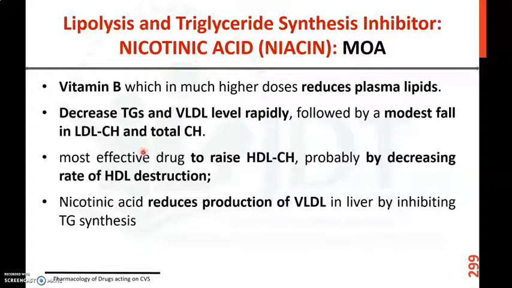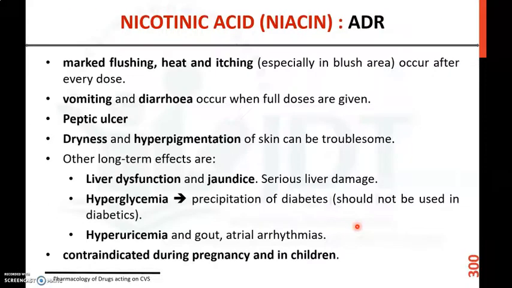And nicotinic acid is the most effective drug to raise the HDL cholesterol, and probably this rise in HDL is by decreasing the rate of HDL destruction. And nicotinic acid will reduce the production of very low density lipoprotein in the liver by inhibiting triglyceride synthesis.